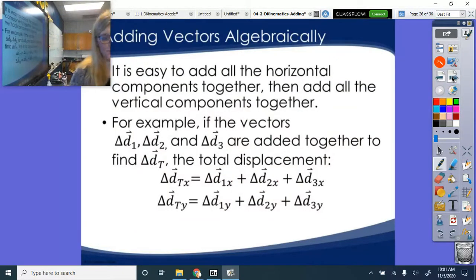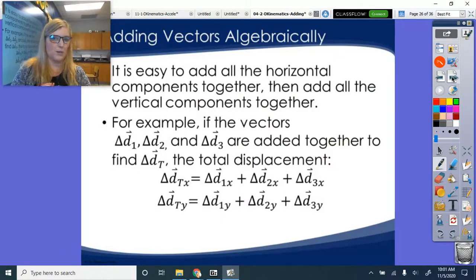So once we have those, if we were, say, doing both A and B as one path that we were heading on, we could take the vectors in the x direction and add them together, take the vectors in the y direction and add them together. And then what we're going to end up with is a triangle that we can solve for the resultant very easily.